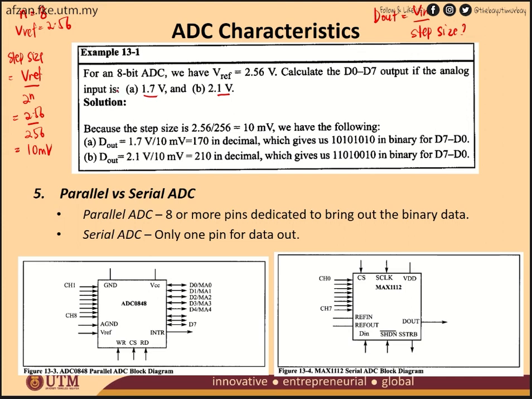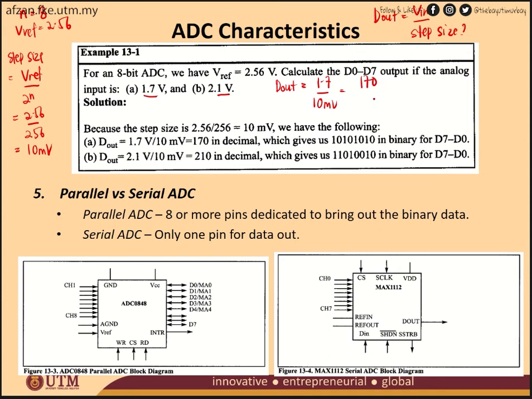Now you're going to find what the 1.7 volt will be represented as in the digital output. D out equals 1.7 divided by 10 millivolt, and you will get 170. This is in decimal.